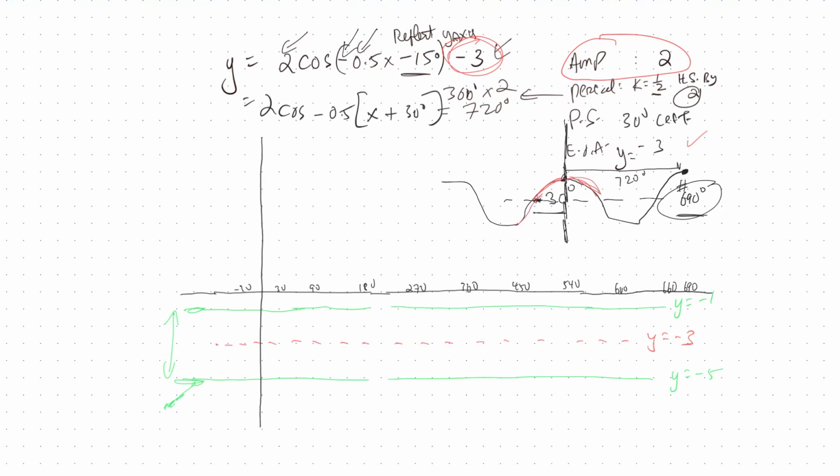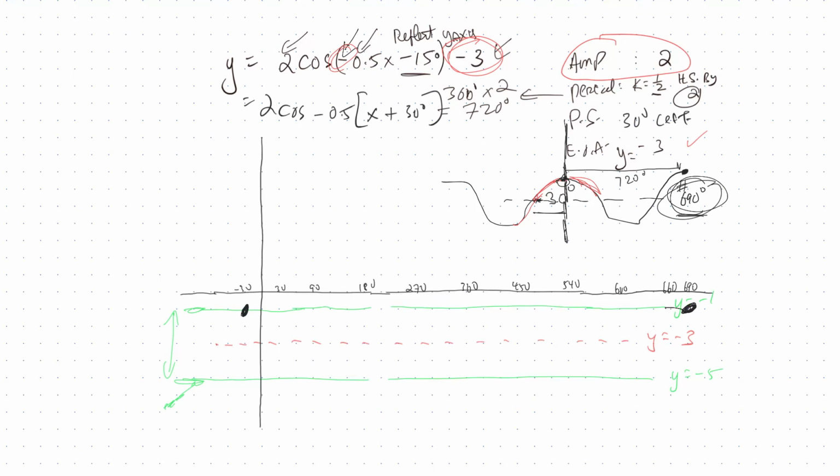You don't really change the shape of the graph. So this negative reflection has no effect on the graph, meaning the cosine graph is basic. So the graph is going to start at negative 30, but at the very top, and we know this dot is going to come back at 690, which is somewhere over here.